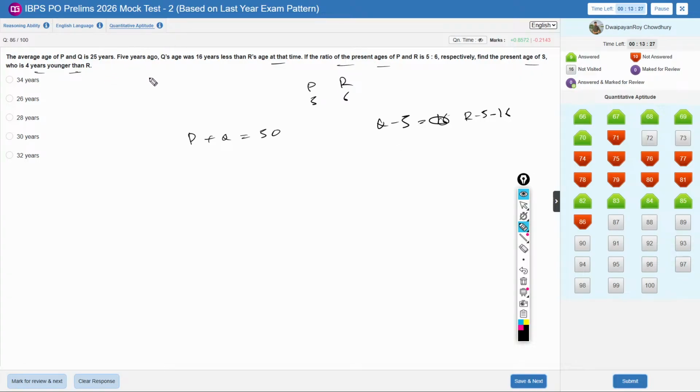So 4 years younger. So whichever the result is plus 4, we're going to get a 6. This gives, this does not, this gives. So let's just take for this two. So suppose this is 36, this is 30, then Q is going to be 20. If 20 is so 15, and if R is 36, so 15 satisfying, so 32.